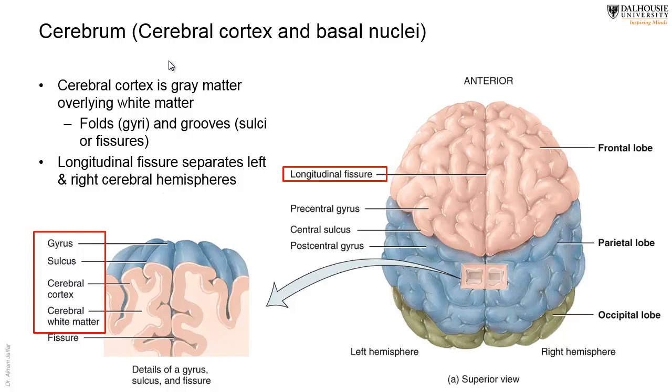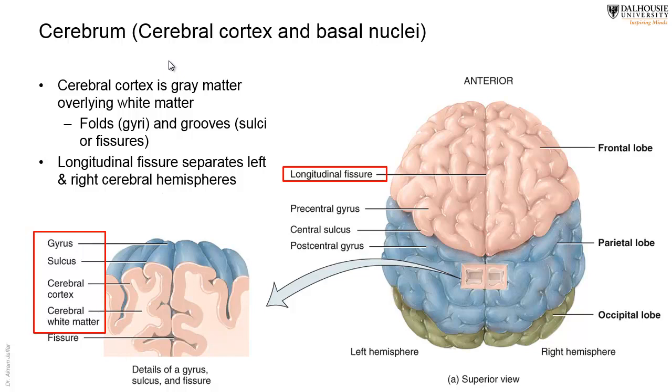Taking into consideration the size, of course, but when you take out the brain of a rat, you will find that it's almost smooth. It doesn't have much of these sulci and gyri. But in the human, about two-thirds of the cortex is hidden in these grooves, in these sulci. So this means that it increases the surface area of the brain for a given size. And that's the reason that we have these sulci and gyri.